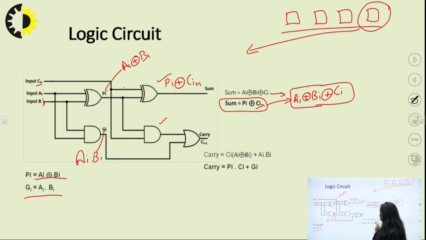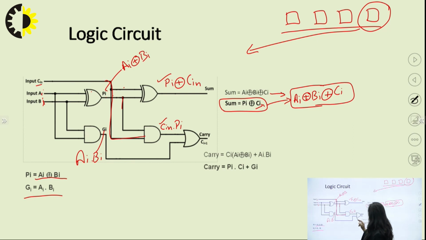Now we have to calculate the final carry value. Final carry, you can see over there, is the AND gate, and the combination of this and this, ORed, is the final carry. What is this AND gate connected with? This AND gate is connected with this Cin and this Pi.